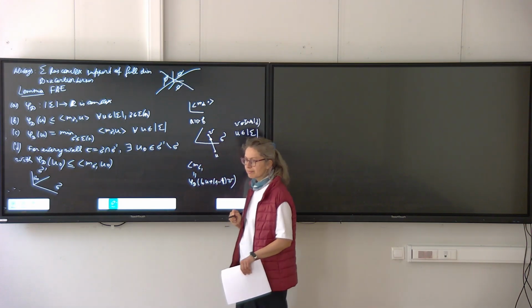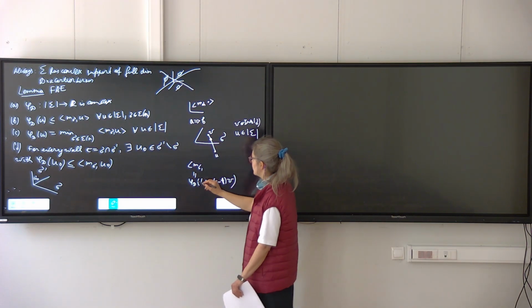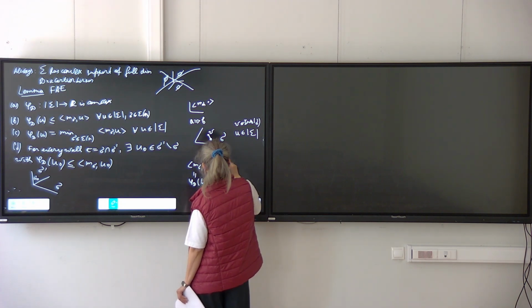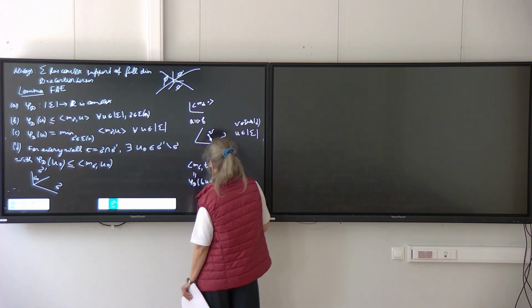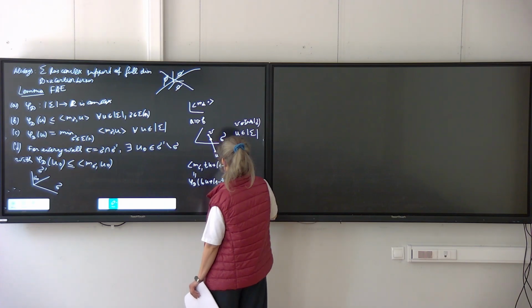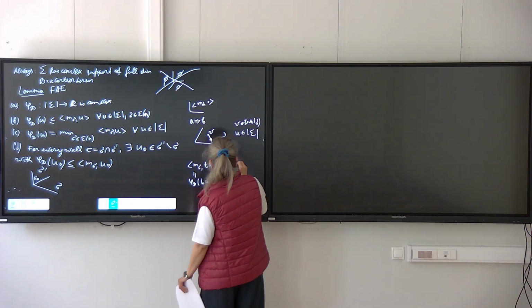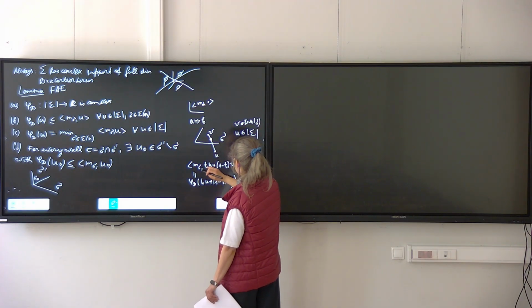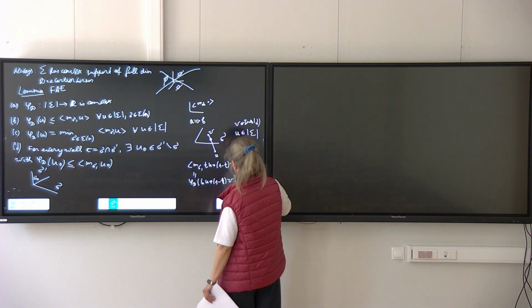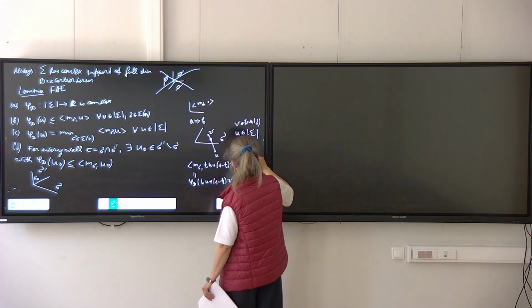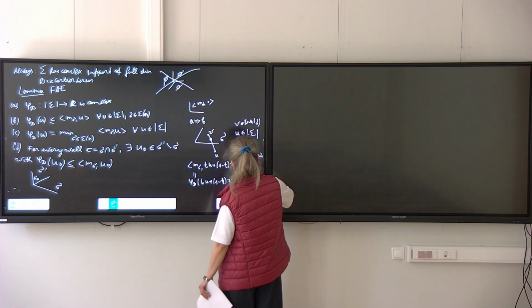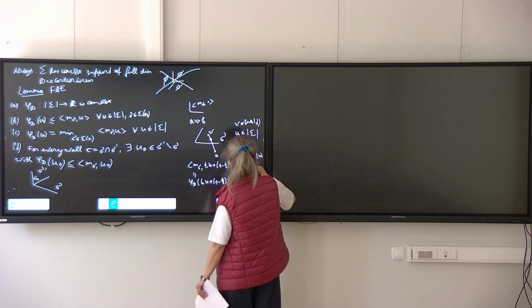Okay, this point is in sigma, so phi d is given by this scalar product, and it will be greater or equal than t phi d u plus 1 minus t phi d v.